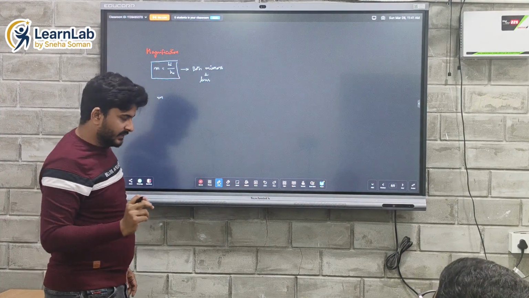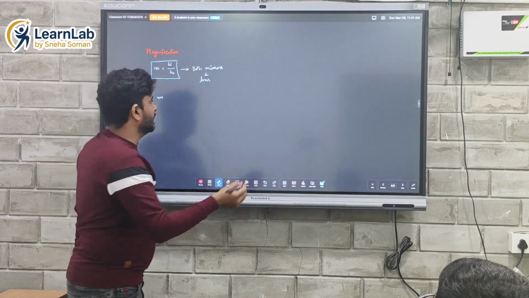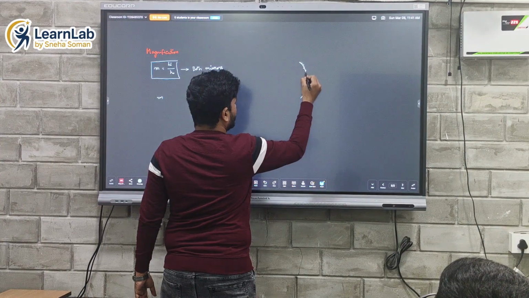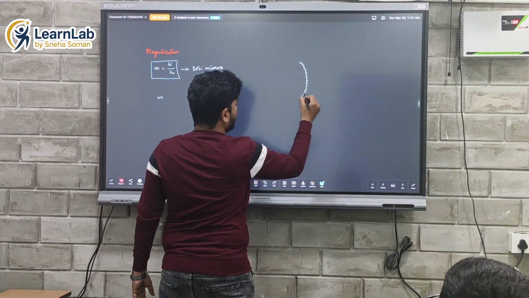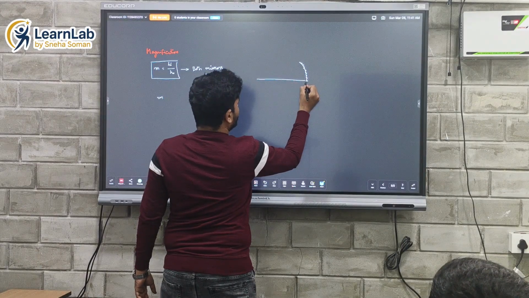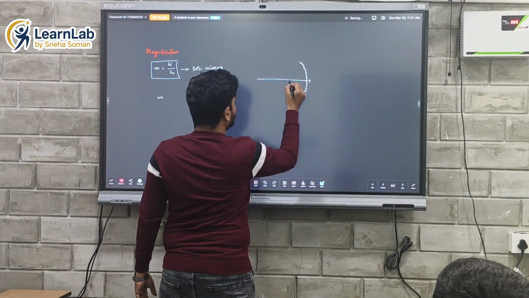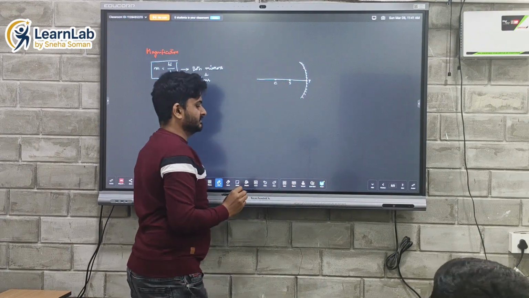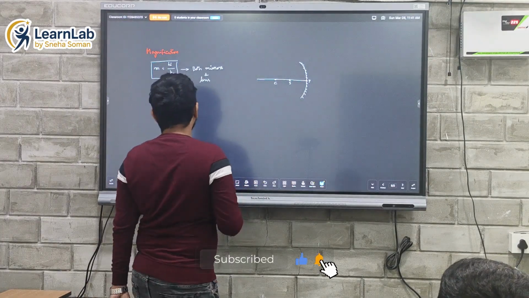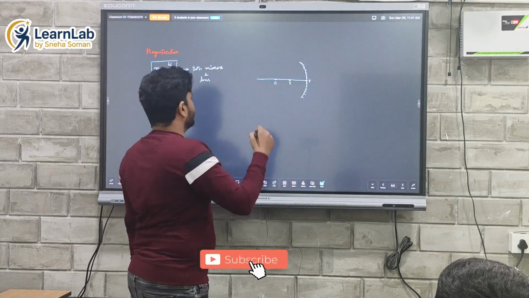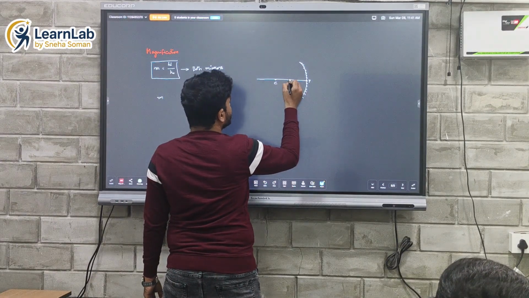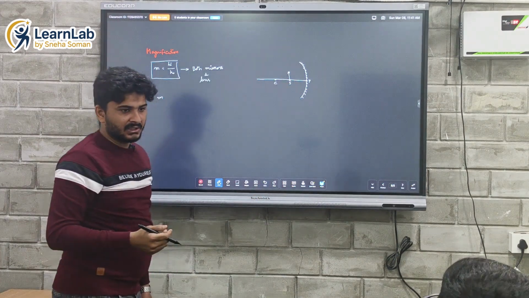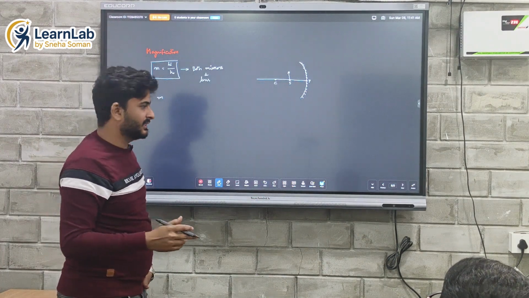You know we have some cases, like we dealt with yesterday. If this is a convex mirror, this is P, principal focus, this is focus, and this is center of curvature. We had a question: if you place an object at F, what will happen? Yesterday we studied some rules.